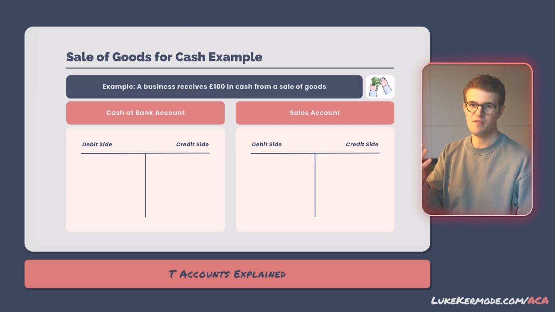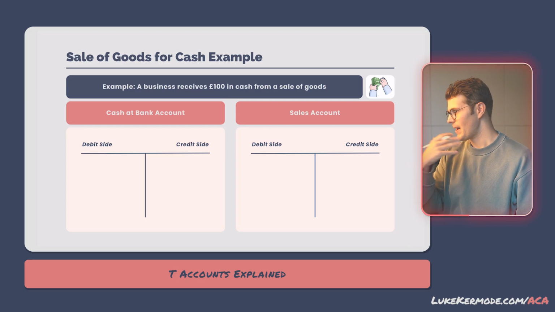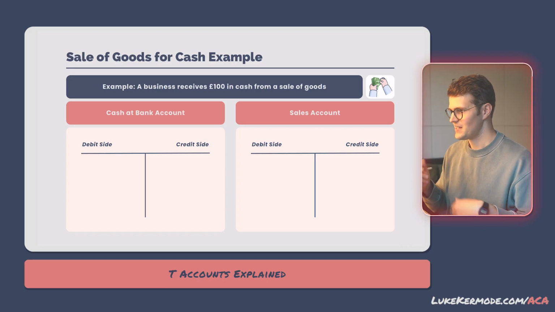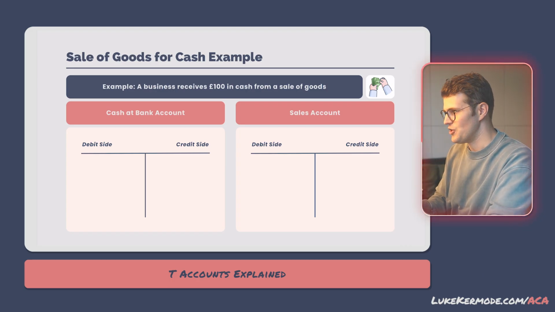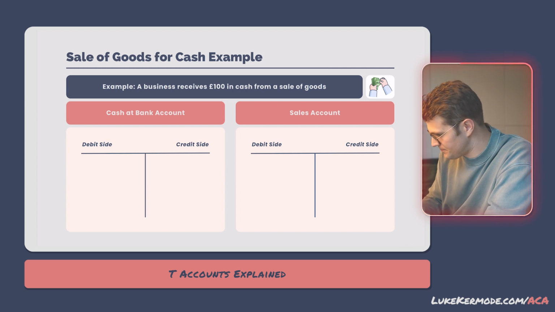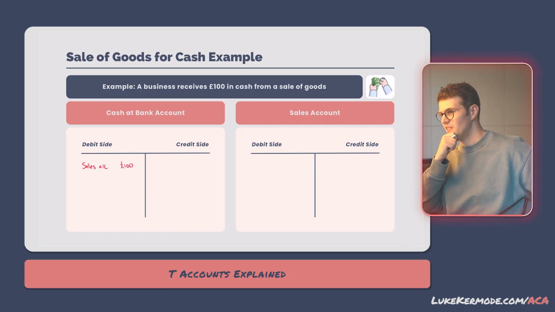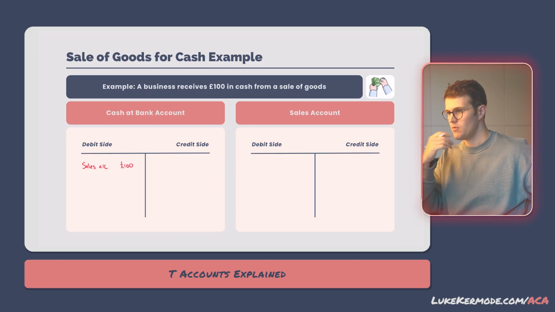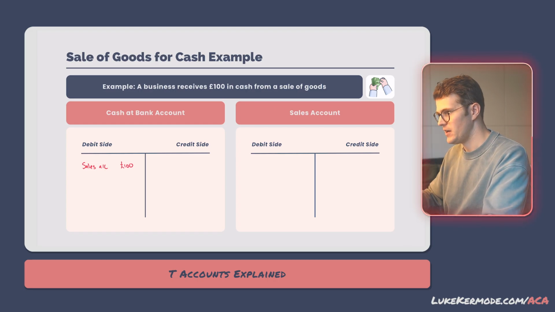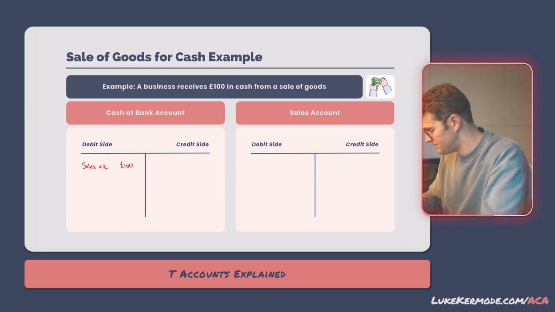Because the business has received money from its customer, the cash at bank account increases, and since that's an asset, we need to record a debit entry of £100 in the bank account. On the other side of the transaction, the business has earned income. They've recorded revenue from the sale, so we need to record a credit entry of £100 in the sales revenue account.